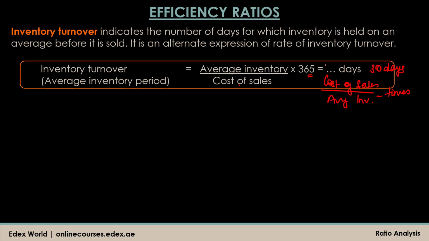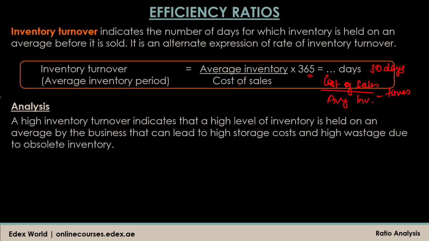Basically, we want the business to hold less inventory on any given date or on an average during the year, so that our storage cost is less, so that our obsolete inventory is less. So analysis would be a high inventory period would indicate that a business is holding high levels of inventory on an average, and that can lead to high storage cost and high wastage due to obsolete inventory. So we want a lower inventory period.